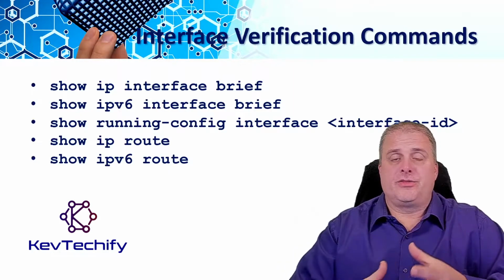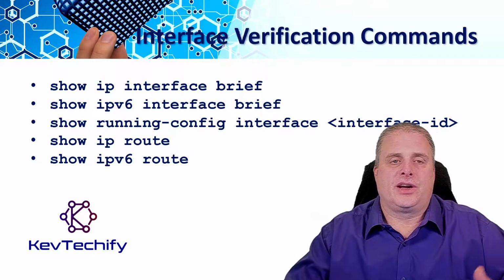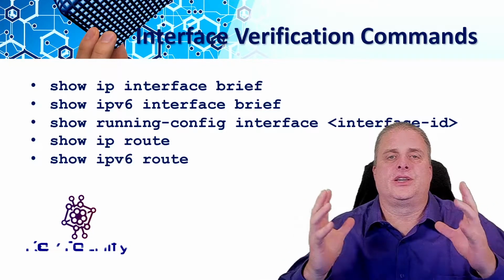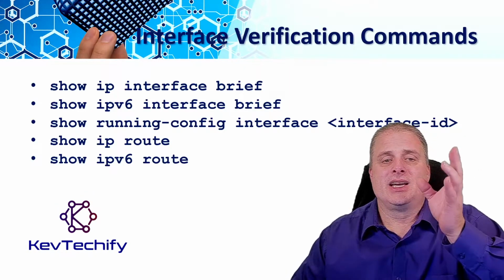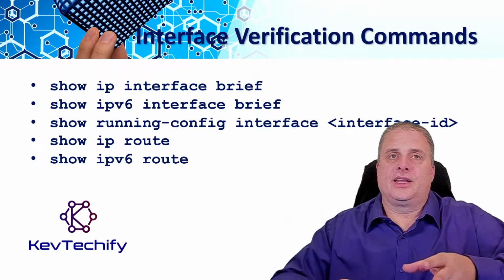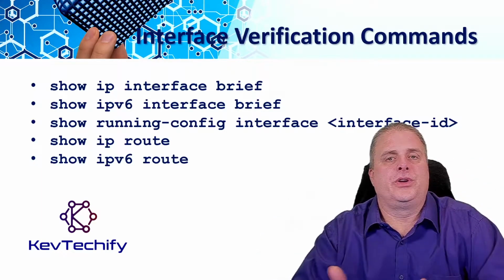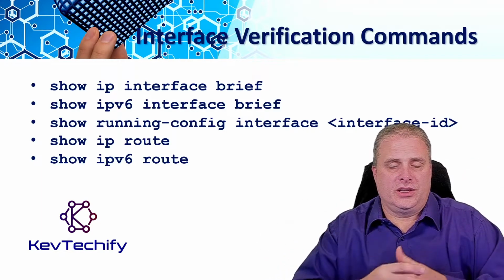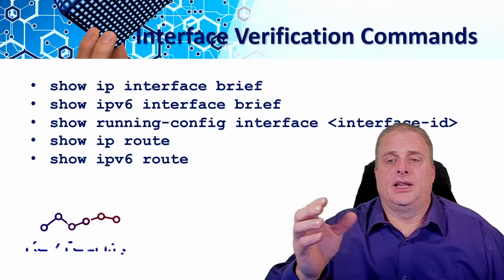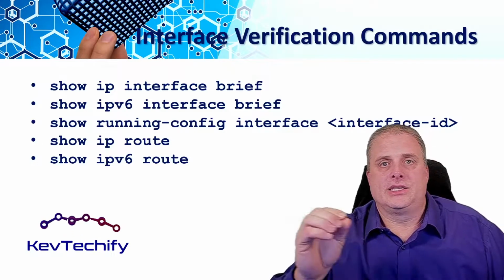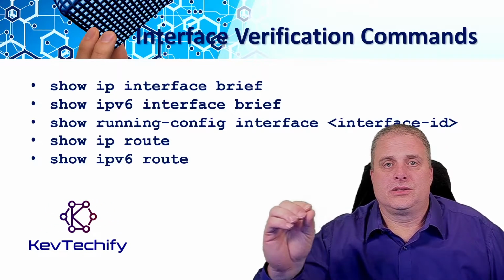As you configure your interfaces, we want to go through and verify our settings. And there's several commands here that allow us to do this. Show IP interface brief, show IPv6 interface brief. That gives us a nice summary display of our interfaces and their corresponding settings. Show running-config interface, and then putting the interface ID in there, Gig 0/0, Serial 0/0/1.